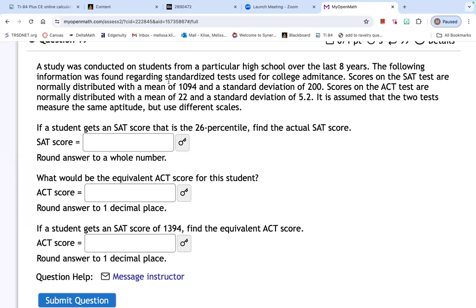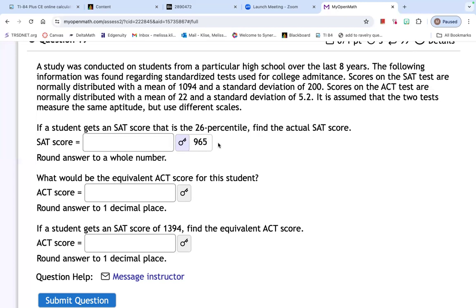My SAT is 1094 mean, standard deviation of 200. So use inverse norm with 0.26 and these, and you will get an SAT score. The way you're going to find the equivalent ACT score is you need to convert the SAT score to a z-score.